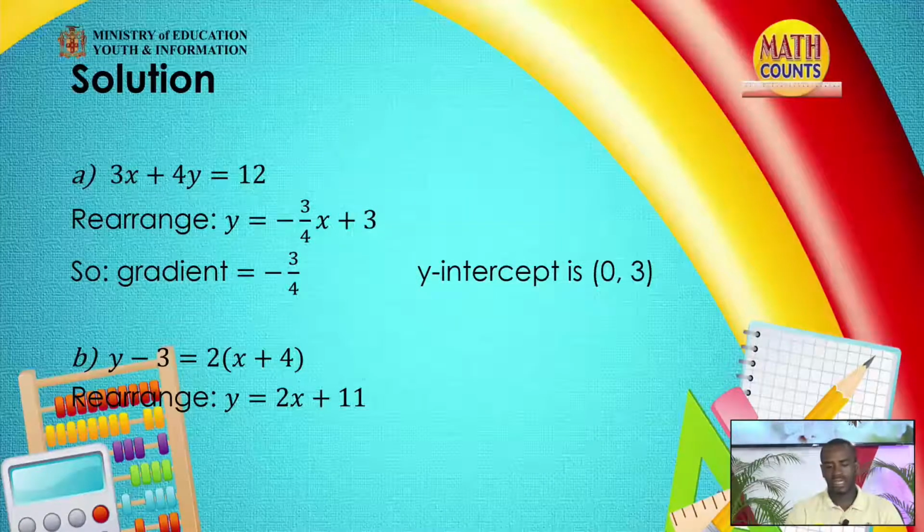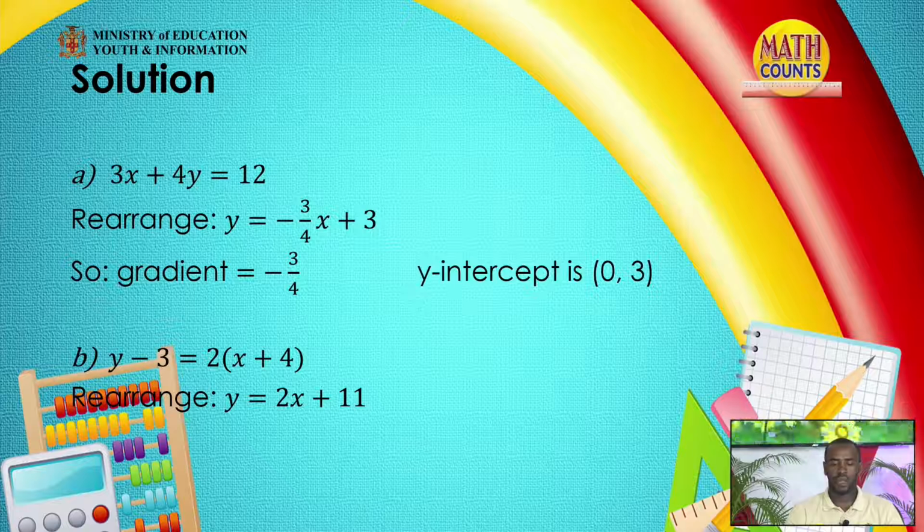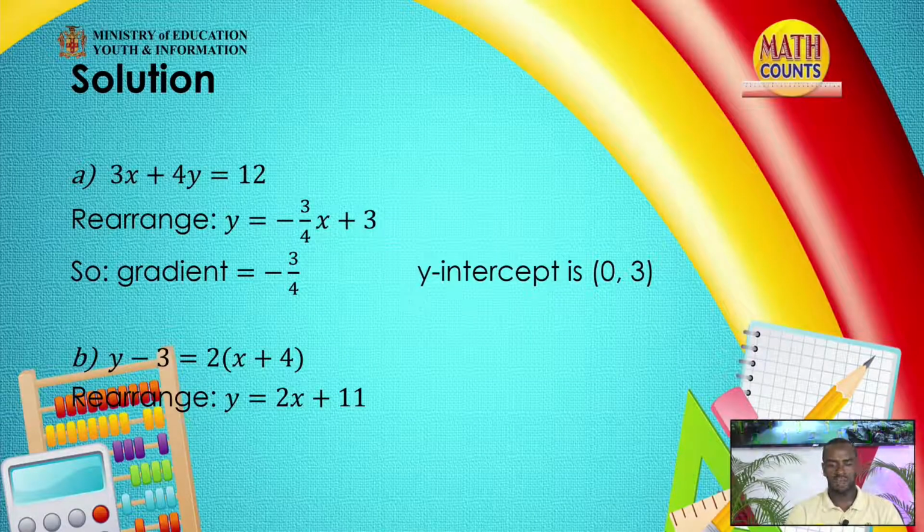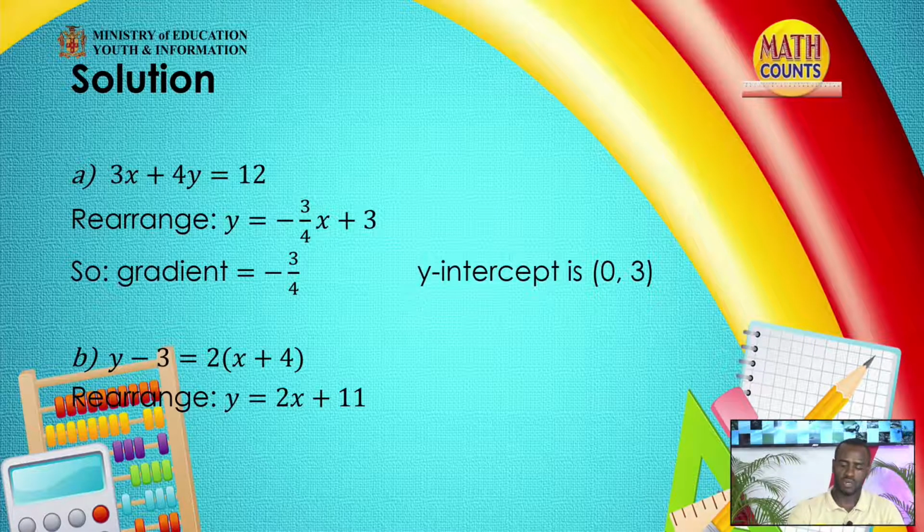Again, it is in the form y equals mx plus c. And in this case, your gradient m is equal to 2 and your y-intercept is (0, 11).